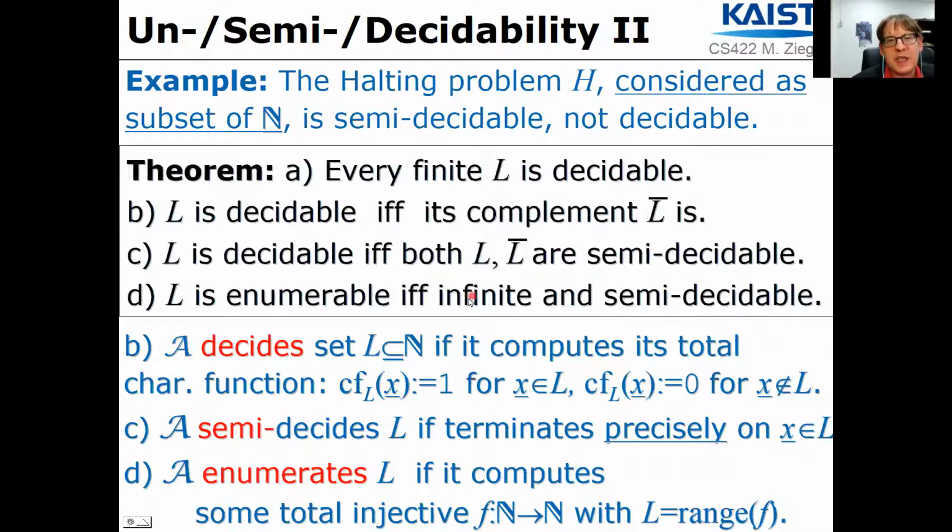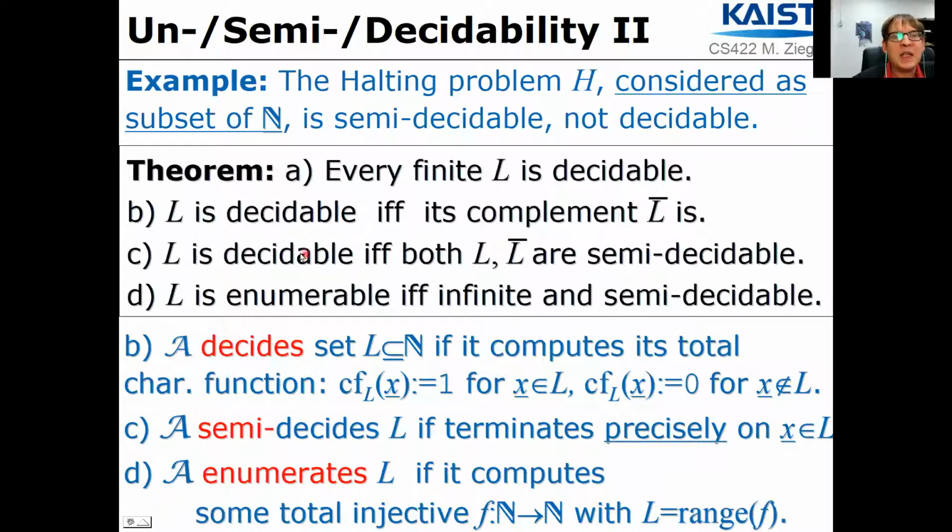So now we suppose that the set L is infinite and semi-decidable. That is, there is some algorithm with this behavior, an algorithm that terminates precisely on inputs that belong to L. Recall that this algorithm requires some input.